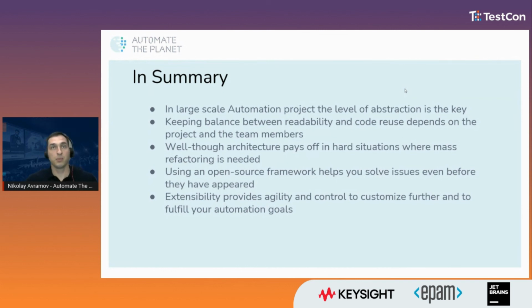Keeping balance between the readability and code reuse really depends on your use case, but in these large scale projects, it's a must. Also, the well thought architecture is always paying off, especially in situations like that.